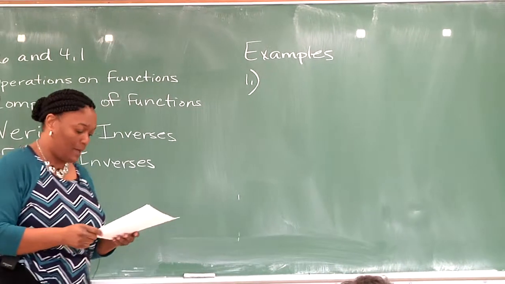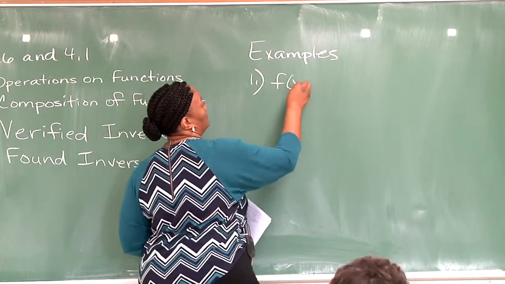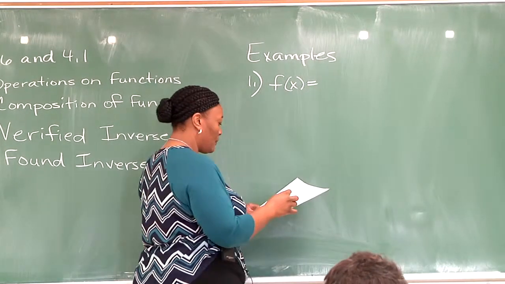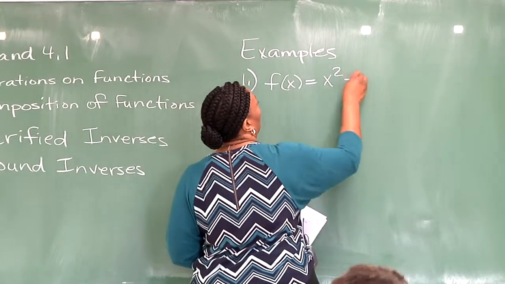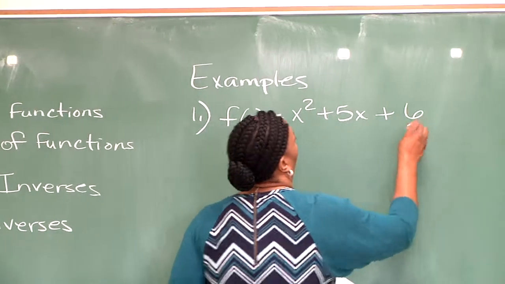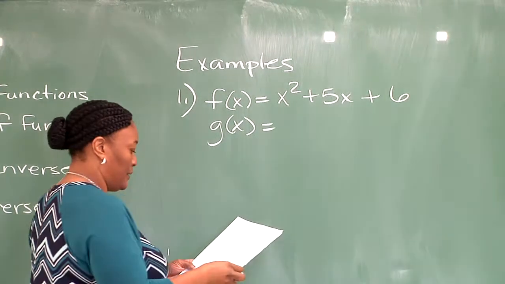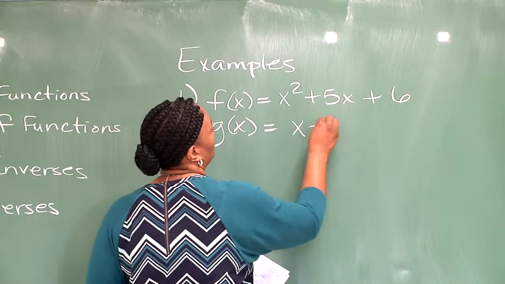Okay, example 1. Say for instance you're given the function f of x is equal to x squared plus 5x plus 6, and the function g of x is equal to x plus 2.